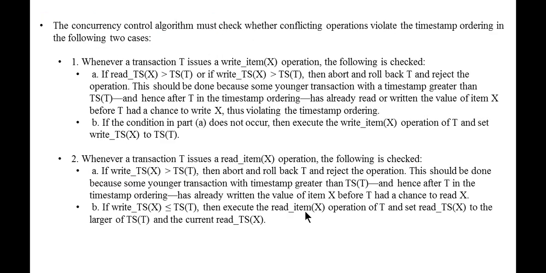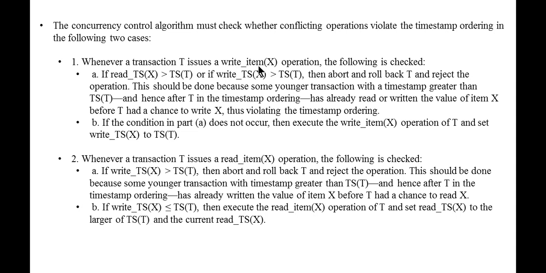You can see these are the two things here. When the transaction T issues the write item operation, these two things are done. If the transaction T is issuing the read item operation, this is checked. It's very simple. These two rules are quite similar.